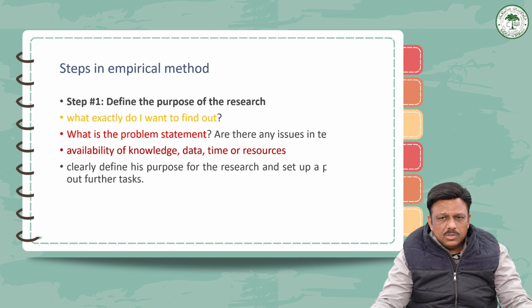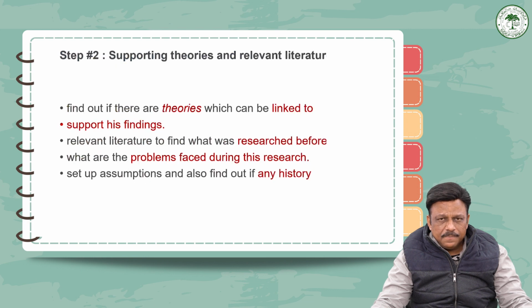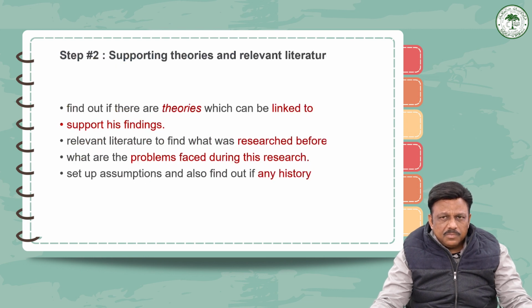So the researcher has to clearly define his purpose for such kind of research and set up a plan to carry out further tasks. Then the second step in the empirical method is finding supporting theories and relevant literature. The researcher needs to find out if there are theories which can be linked to his research problem.